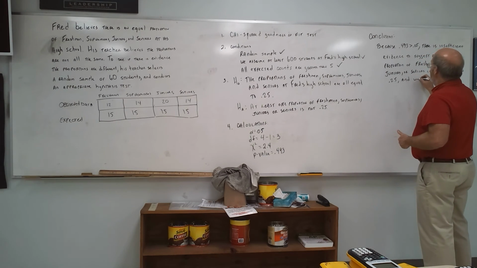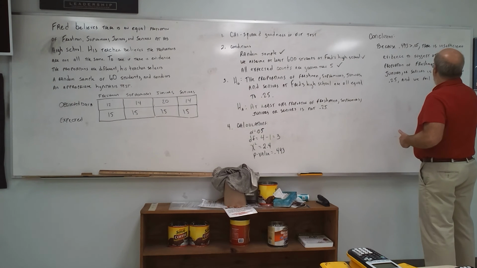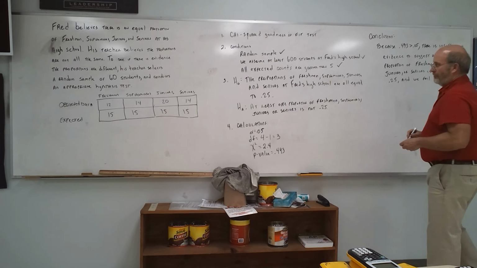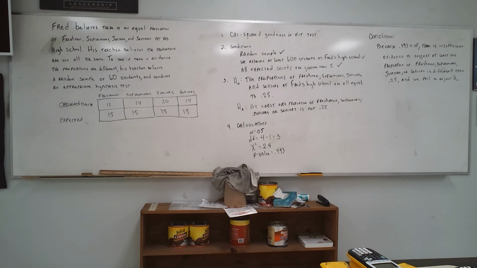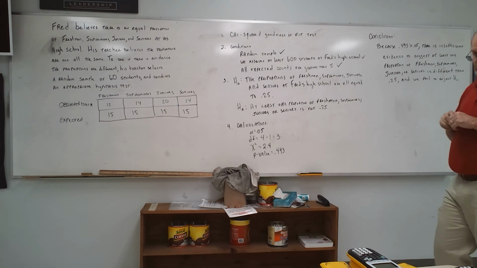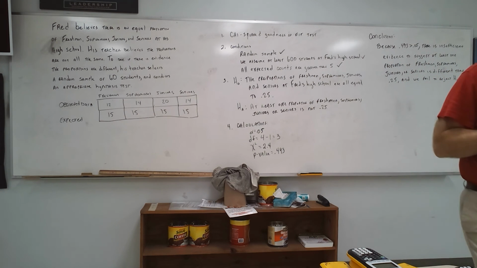And we fail to reject H0. And that's how we would get full credit for running a hypothesis test to see if there's evidence that suggests the alternate hypothesis, the teacher's hypothesis, that at least one proportion is not equal to 0.25.